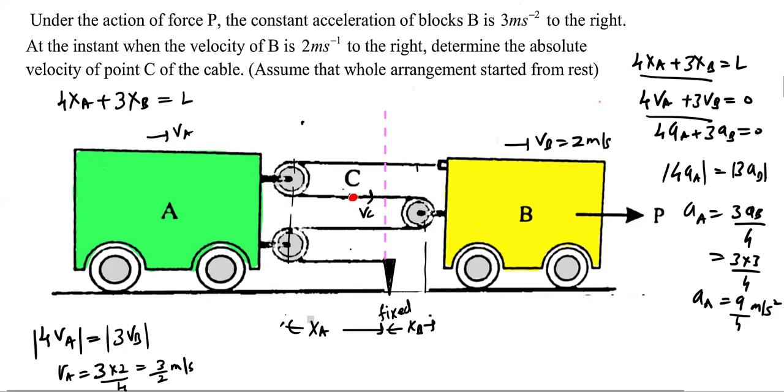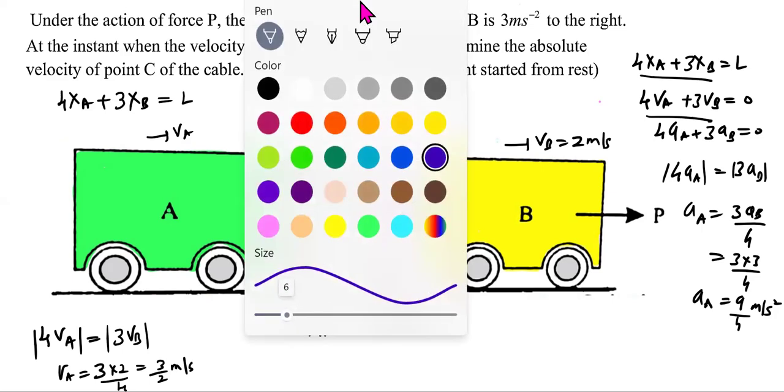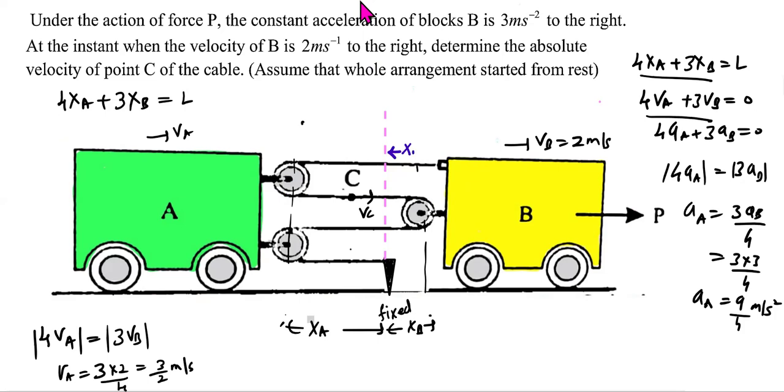How to generate the constraint equation? This length of the string corresponds to XB. Let me write it here. This length of the string corresponds to XA. This will be XAC.